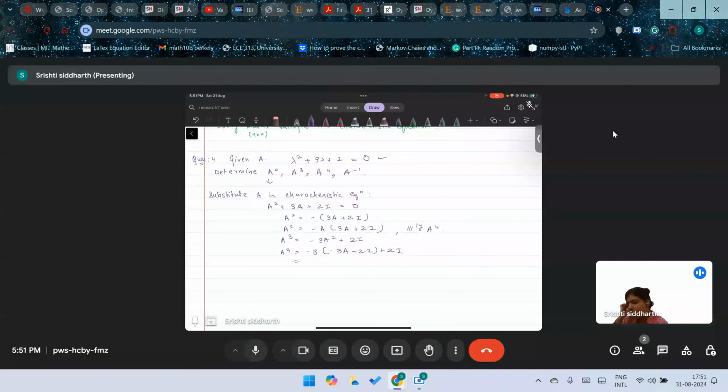So the goal is not to use higher powers of A other than those given in the characteristic equation. Let me just check once again.